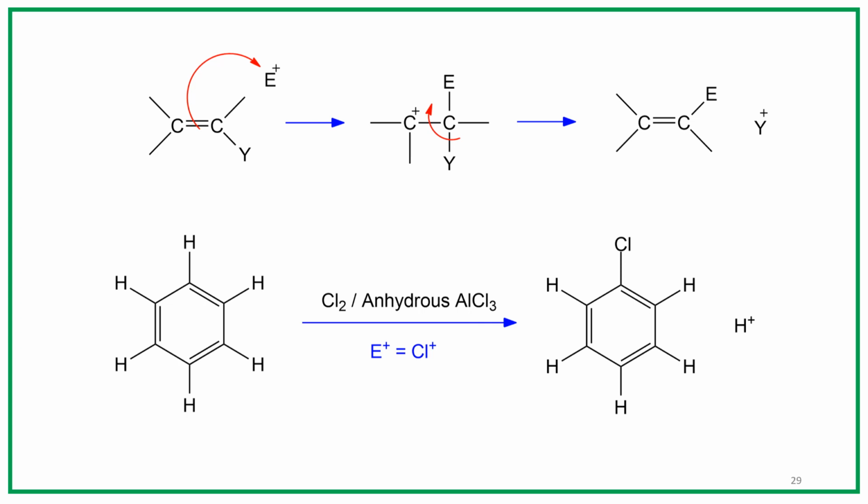Therefore, it can replace one hydrogen of the benzene molecule with chlorine. This is the aryl halide you can form by the reaction of chlorine and anhydrous AlCl3 with benzene. What happened is hydrogen is replaced by chlorine. This type of reaction is also an electrophilic substitution reaction.